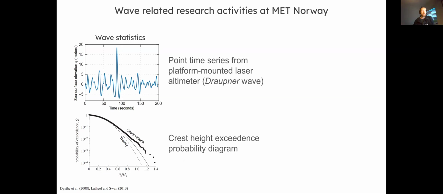We usually test the statistical models on wave time series, like the one at the top here, which we get from wave buoys and other devices installed on, for example, oil platforms. And the plot on the bottom is a crest height exceedance probability plot, where the x-axis is the individual wave crest elevation normalized by the significant wave height, and the y-axis is the probability of encountering such a crest for a given sea state.